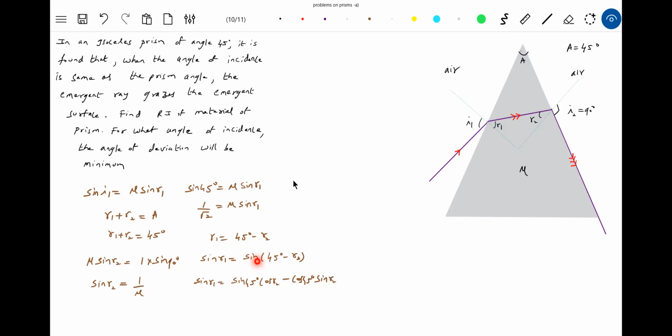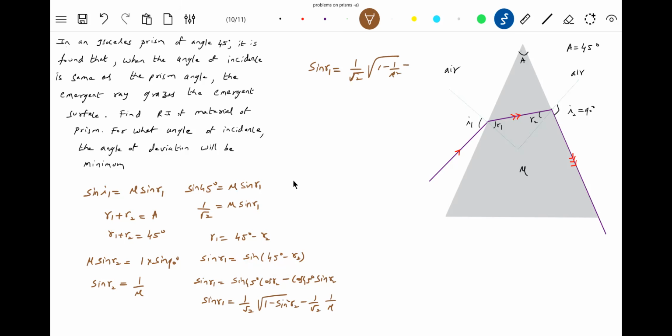Let's apply the sine A minus B formula, the expansion sine A cos B minus cos A sine B. So sine R1 equal to 1 by root 2 times cos R2, which will be root of 1 minus sine square R2. Further solving this, we get sine R1.